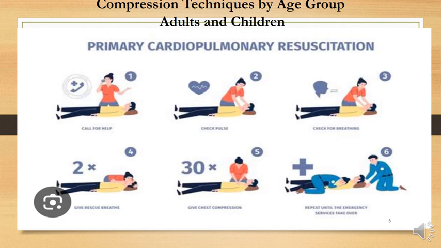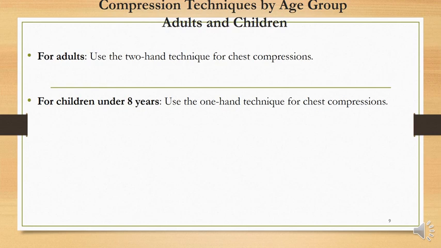And this is the CPR for children. Then we have compression techniques by age. For adults, use the two-hand technique for chest compression, while for children under 8 years, use the one-hand technique for chest compression.